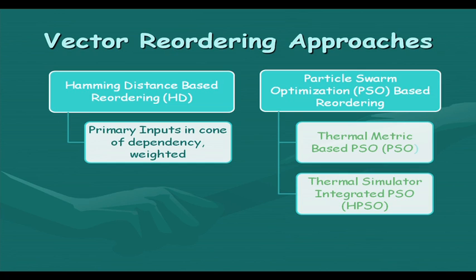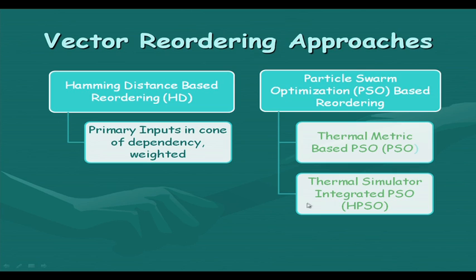And then there is particle swarm optimization. The work that is reported does two different things. First, it uses some sort of metric to model the thermal behavior of the circuit. The other directly integrates the thermal simulator into the optimization.